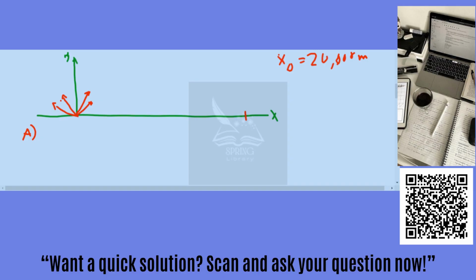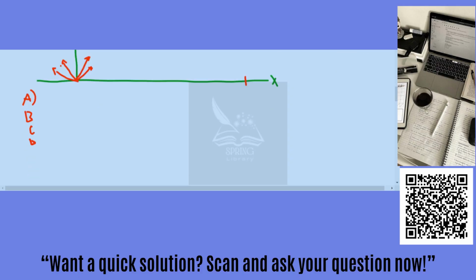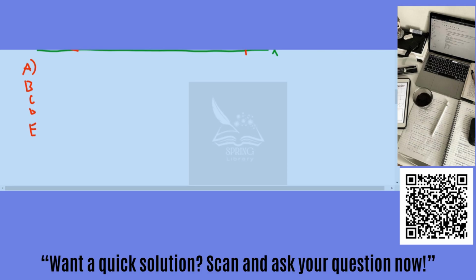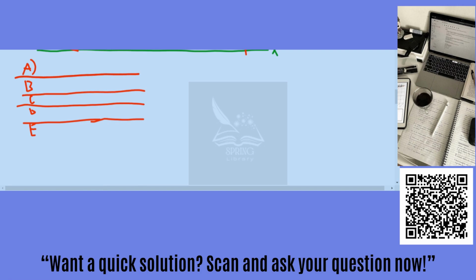Okay, A through E are all headed in your direction, so we're going to do something with all of them. We have information on them: we're given a speed in meters per second, and we're given an angle in degrees.